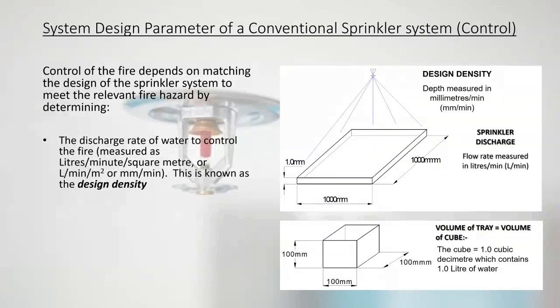And the area, or the AMO, is the assumed maximum area of operation. So that's the assumption that the fire will grow to 72 square metres over a period of time, or 144 or 216. So basically, design density is measured in millimetres over a square metre.